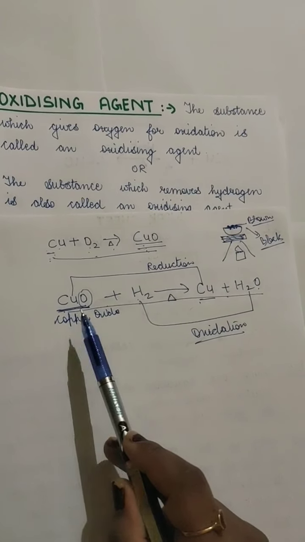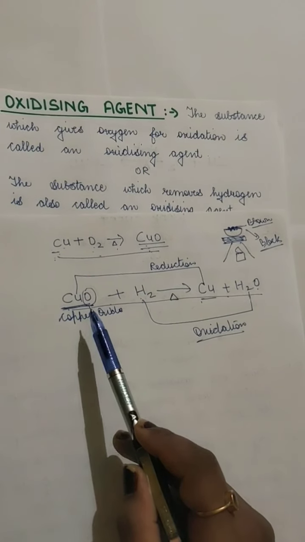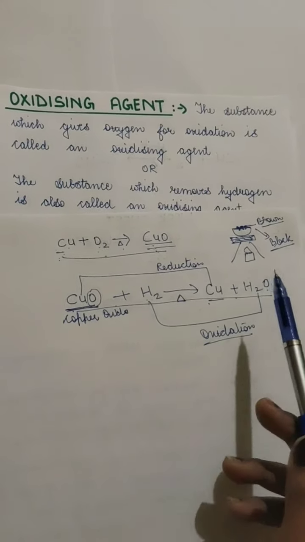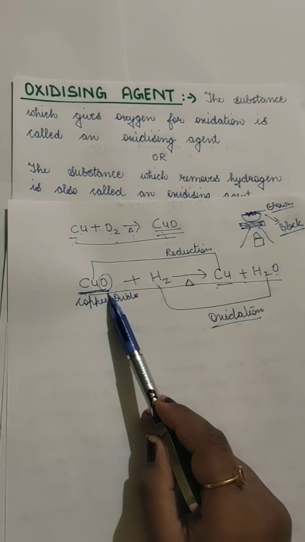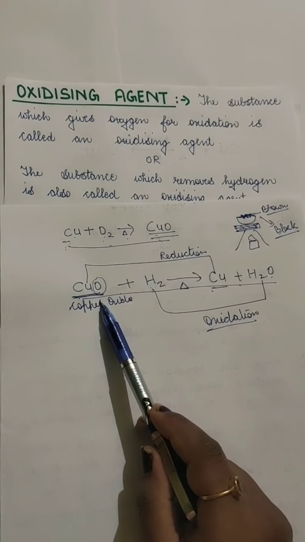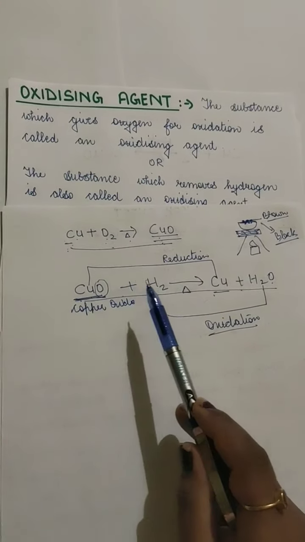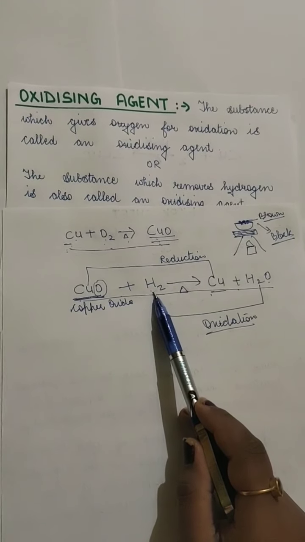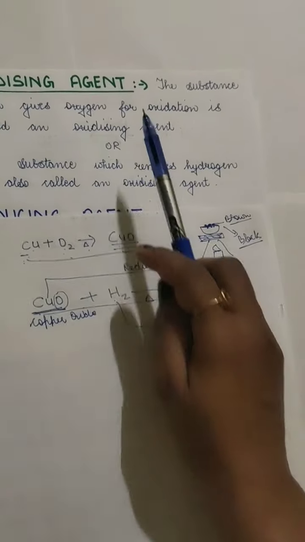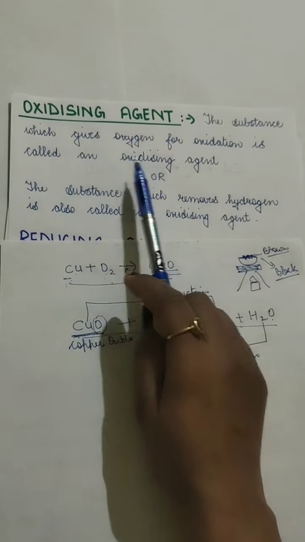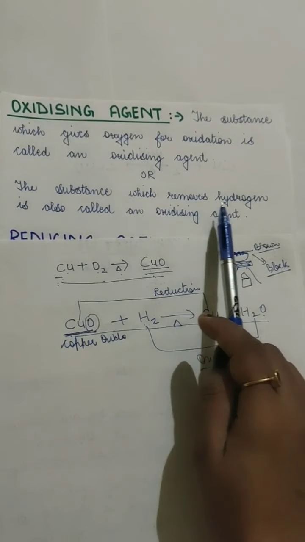So removal of oxygen is called reduction, and the compound or the agent which gives its oxygen to some other compound is called an oxidizing agent. So in short, oxidizing agents reduce themselves, or they undergo reduction, and they help the other compounds to undergo oxidation. So the substance which gives oxygen for oxidation is called an oxidizing agent, or the substance which removes hydrogen.